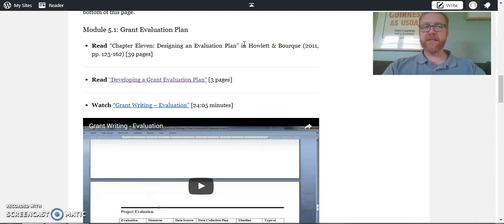And I want to emphasize that the evaluation plan that you develop as part of your grant proposal, while needing to be doable and address the specific outcomes and goals of your proposed project, it should be very succinct.